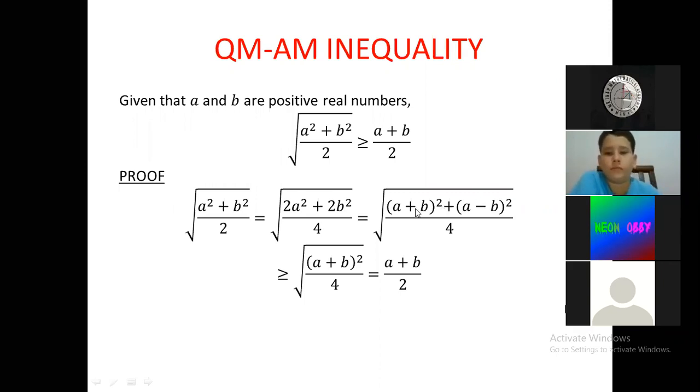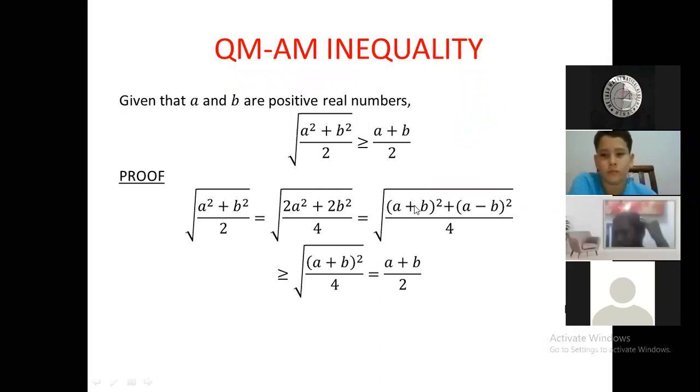So the 2ab in the first bracket would cancel the negative 2ab in the second bracket. So (a plus b) all squared plus (a minus b) all squared simplifies to give us 2a squared plus 2b squared.